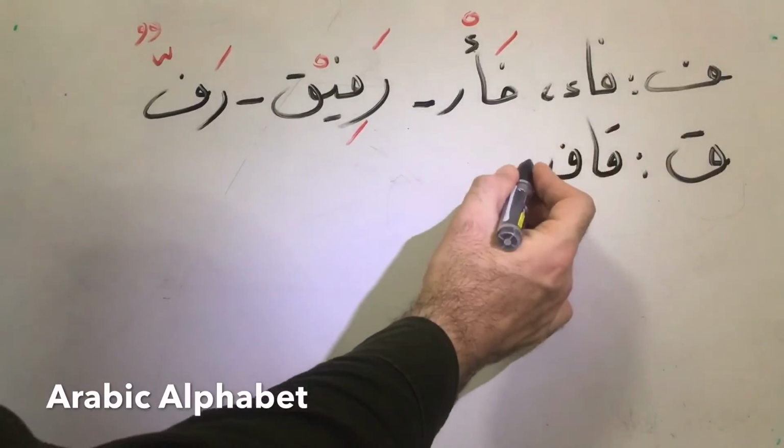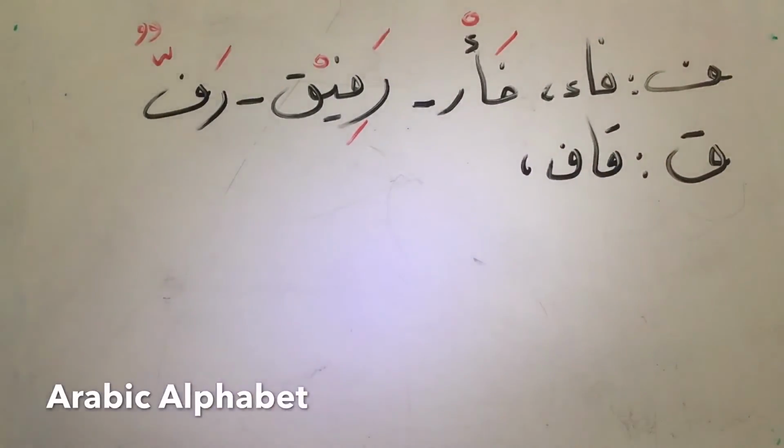It is not easy for the foreigners to spell or to speak the letter Qaf. It is different from Kaf. Ka. It is Qa.